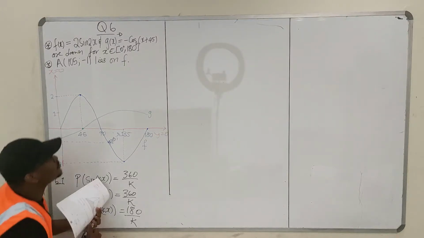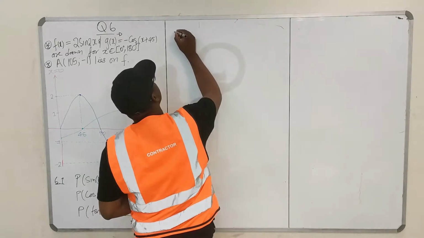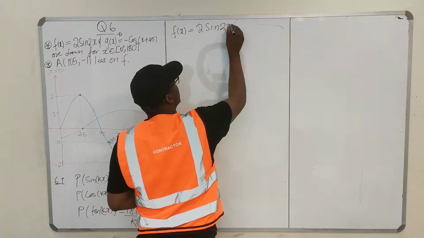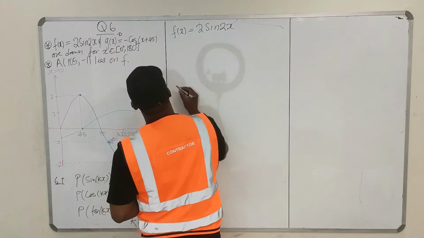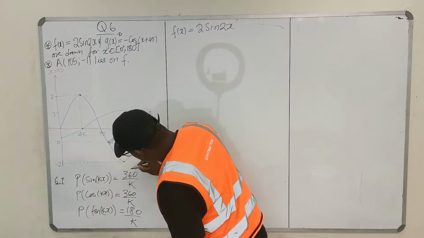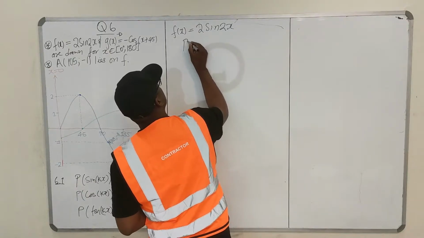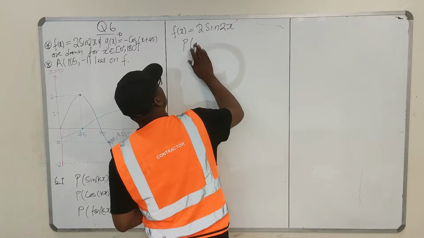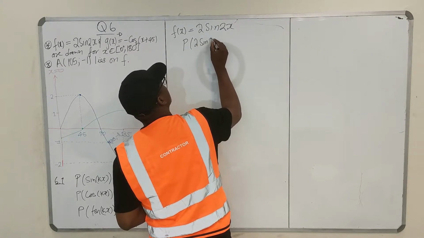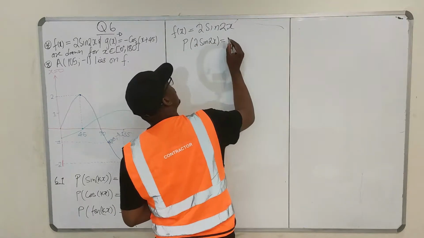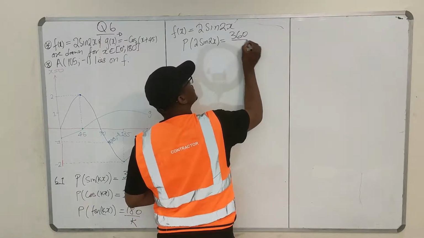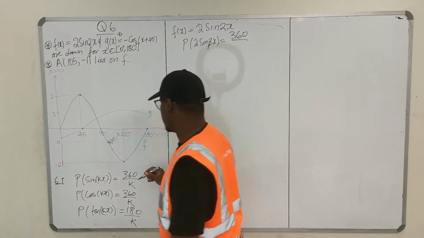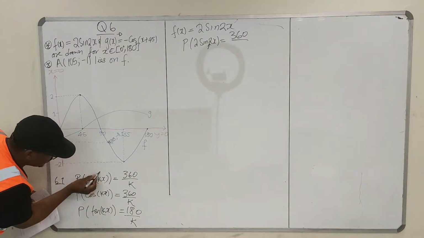You know that your f of x is equal to 2 sine 2x. So the period of 2 sine 2x will be equal to 360 degrees divided by this.